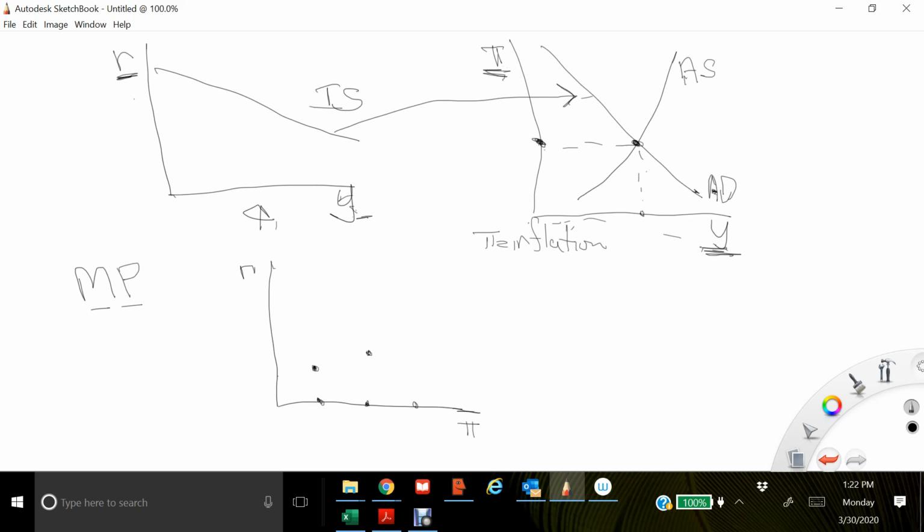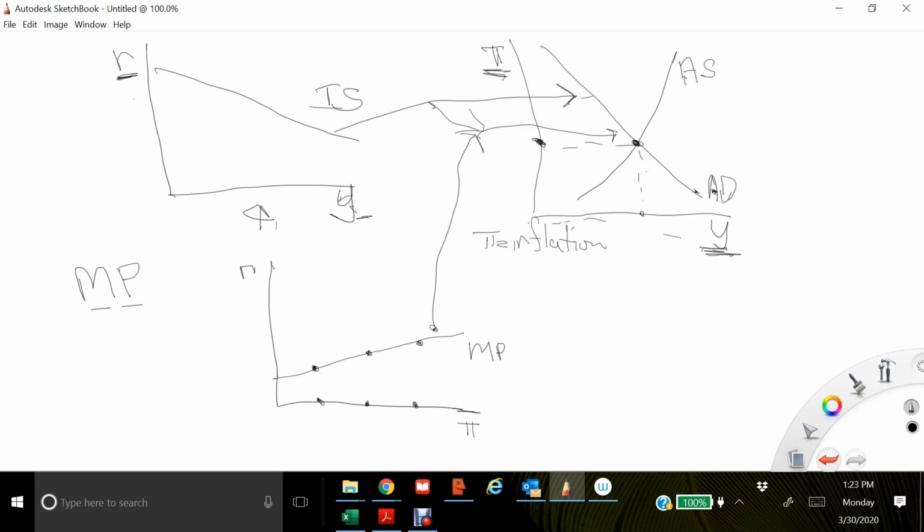The higher the level of inflation, the higher the real interest rate the Federal Reserve sets. So this is our monetary policy curve. We use this relationship with the IS curve to derive our aggregate demand curve.